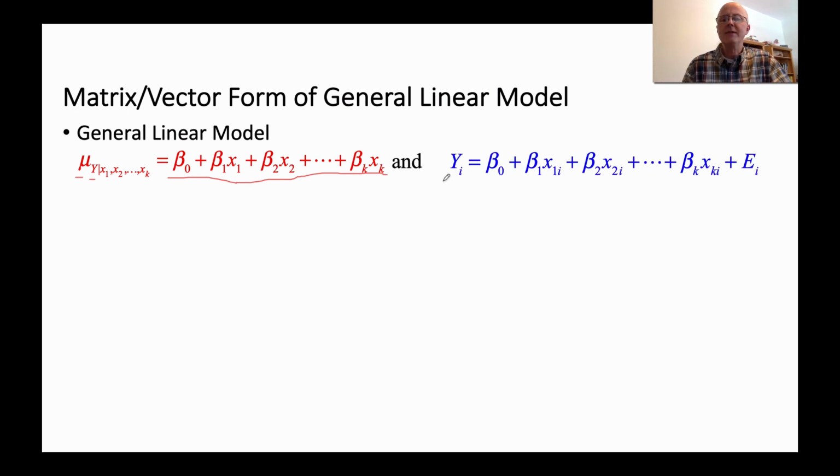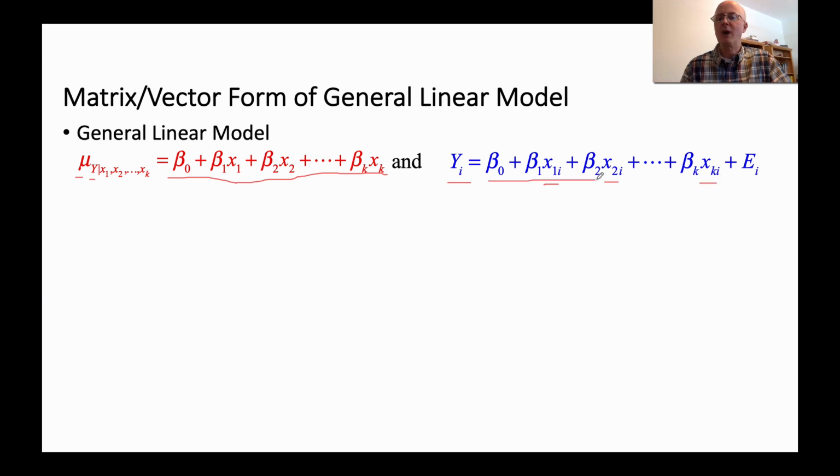And then we have the individual y values themselves, the individual responses, again for fixed values of x. We're using the subscript i now because we're thinking about the ith data point. The first coordinate of the ith data point is x1i. The second coordinate of the ith data point is x2i, etc. The kth coordinate of the ith data point is xki.